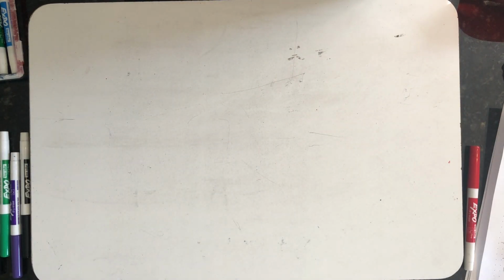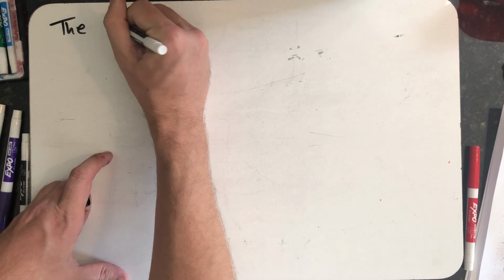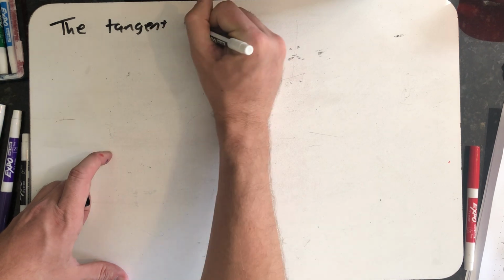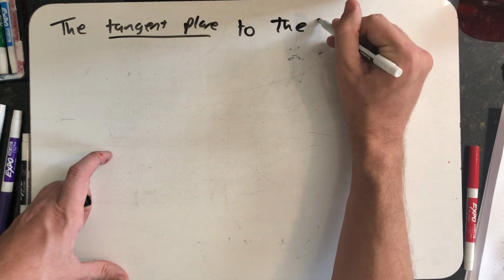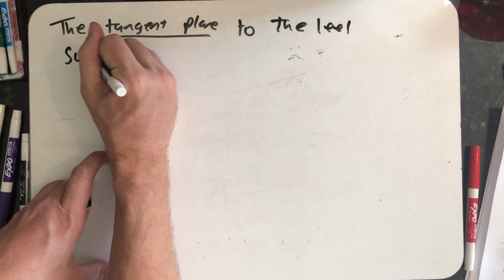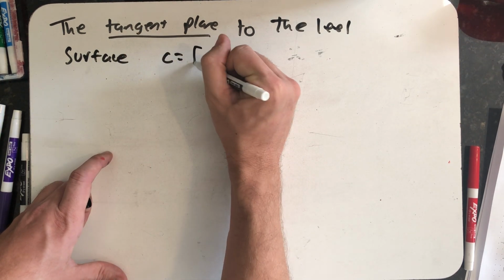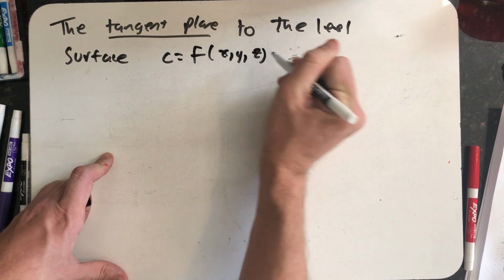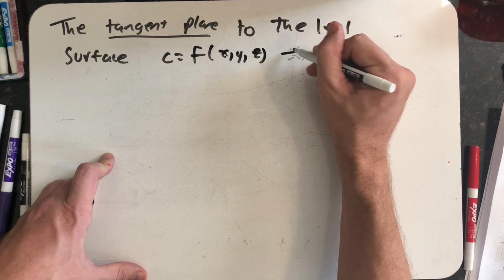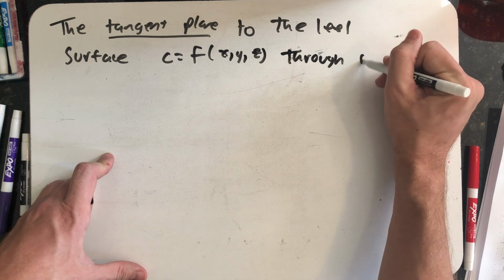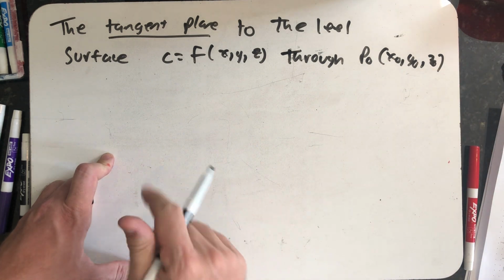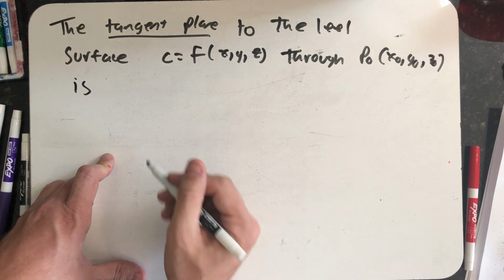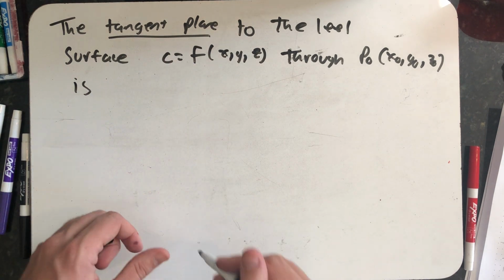Okay, so here's my definition of the tangent plane. The tangent plane to the level surface c equals f of x, y, z through the point P naught is, well, let's think about it.